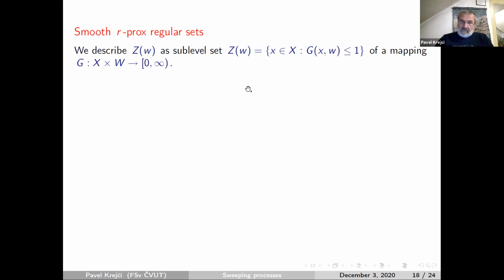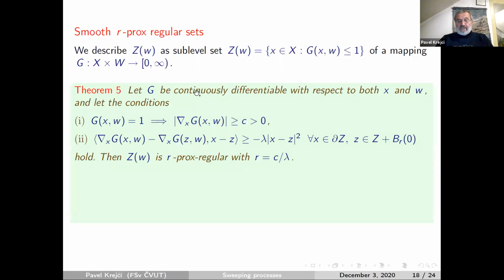Now we can say even more if the sets are smooth. How do we define the smoothness? In terms of the gauge G. We assume that Z of w is a sublevel set of a smooth function G. So, for example, if G is continuously differentiable in the Hilbert space, the proof is not so trivial, but it can be proved that for a continuously differentiable function G, the set Z of w is r-prox regular, and we can even find an estimate for r.